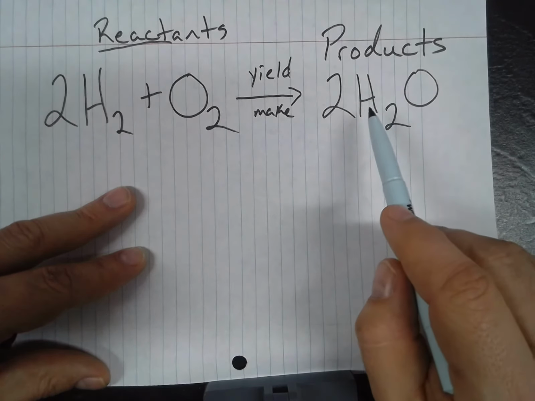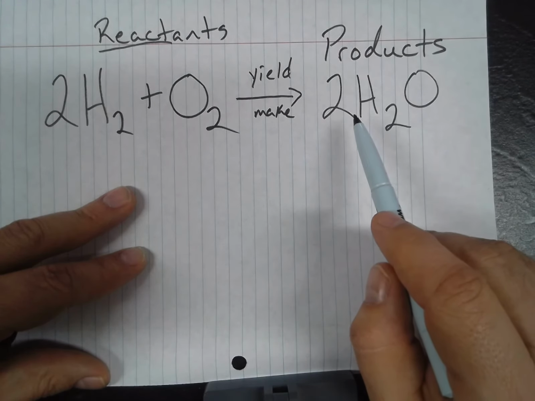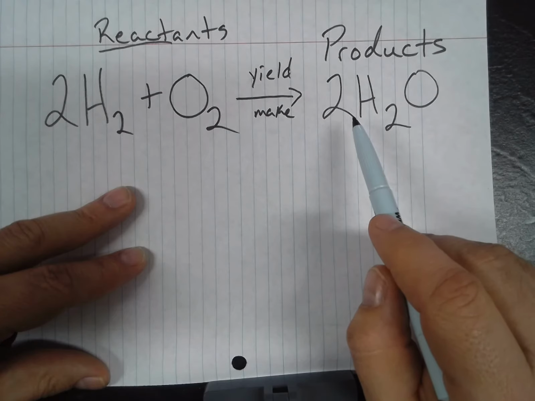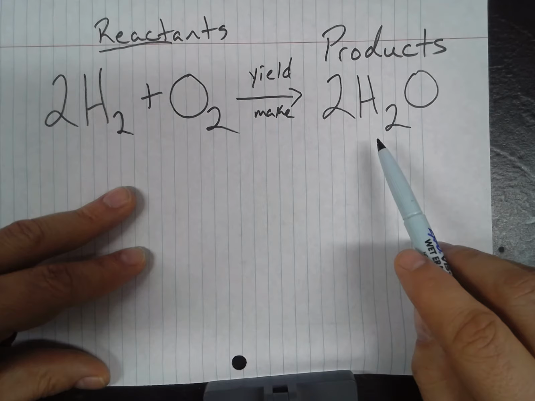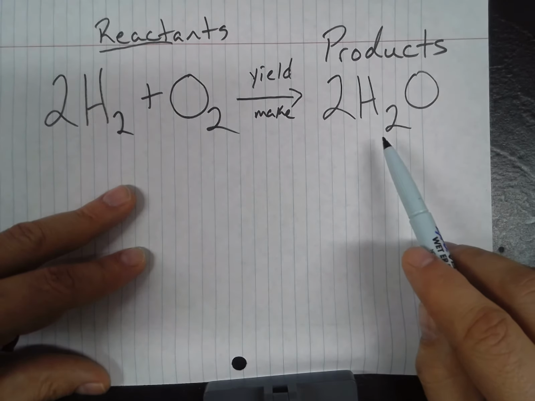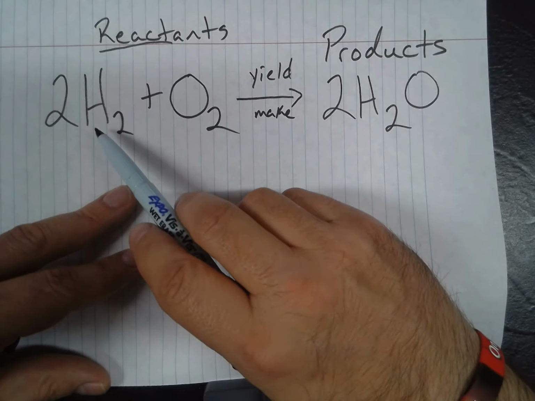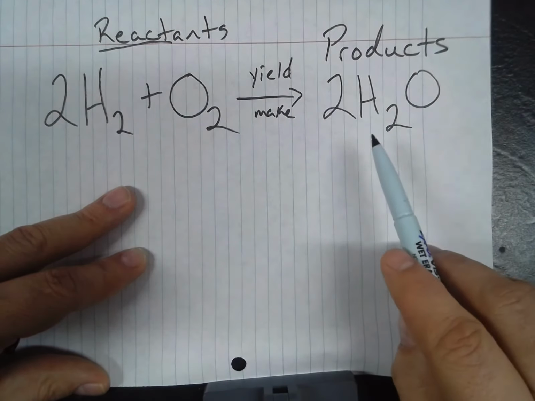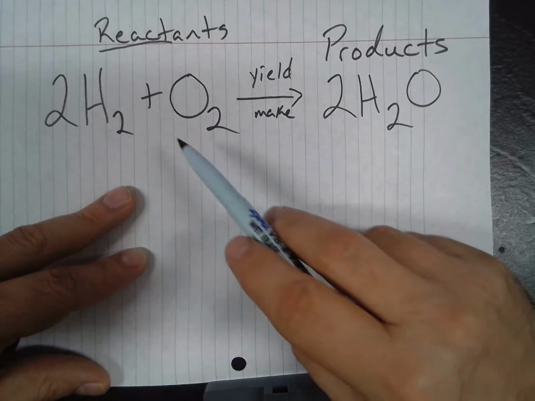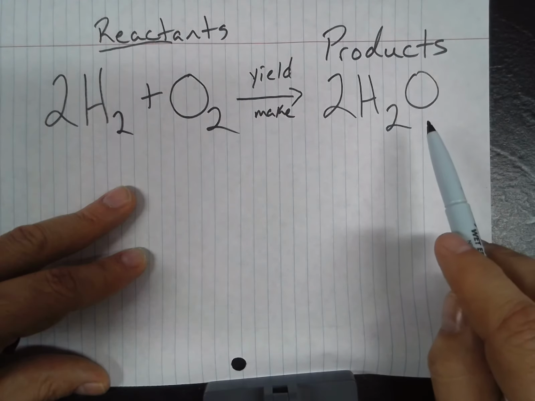So what we want to do, we have just learned about the law of conservation of mass, which says basically what you start with, you end with. Matter cannot be created nor destroyed. So what that means is if in a chemical reaction we start off with hydrogen, we better end up with hydrogen. If we have oxygen, we better end up with oxygen.